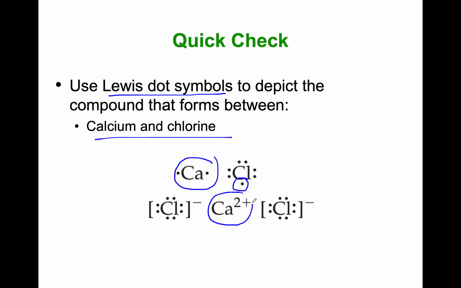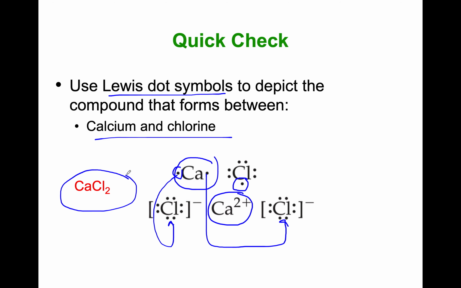Calcium becomes 2+, and if we lose 1 of those electrons, it goes here. And if we lose another one of those electrons, it goes here. So that helps us, this is the theory that helps us come up with this idea why calcium chloride forms that compound, CaCl2. So this is how Lewis symbols can help with ionic compounds.